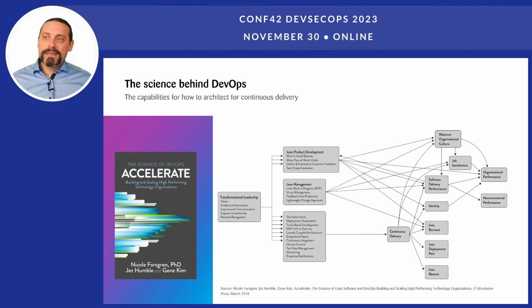I usually say this is one of the most important pictures when you are going to do a DevOps transformation or when you architect for continuous delivery, because it shows you on the right side what you want to achieve, or what you can achieve, when you do the things on the left side.